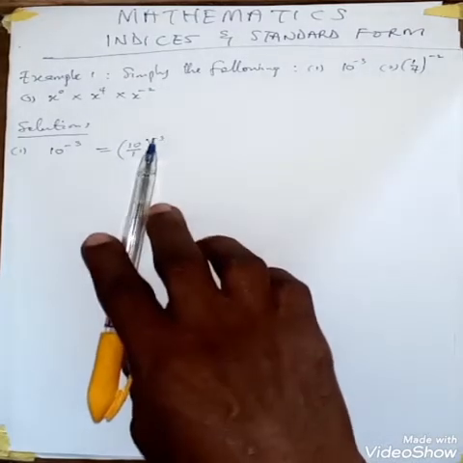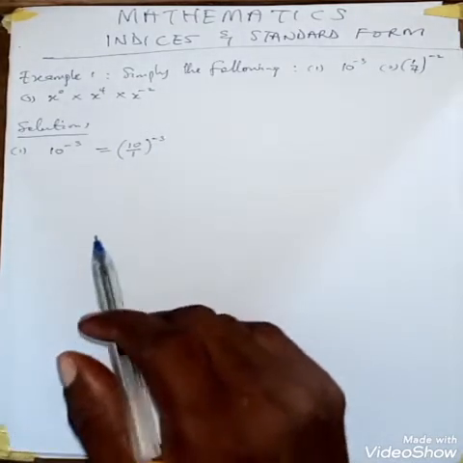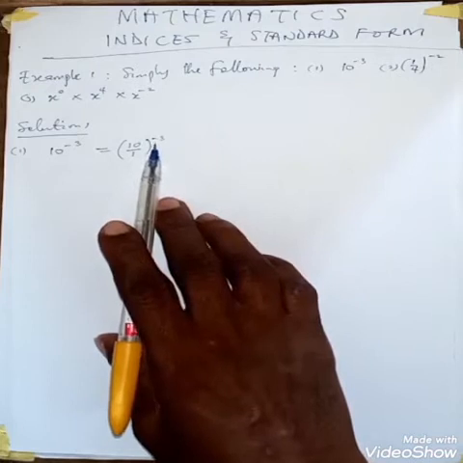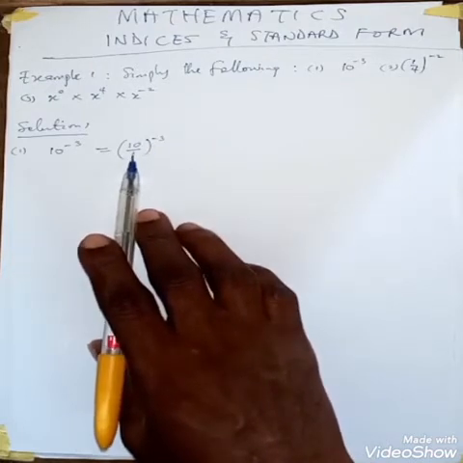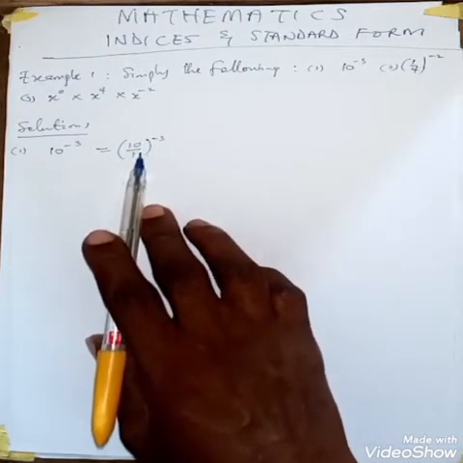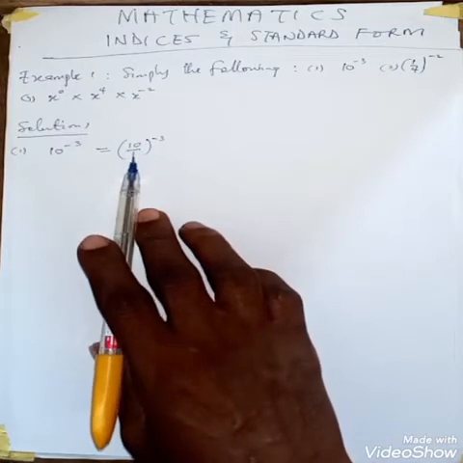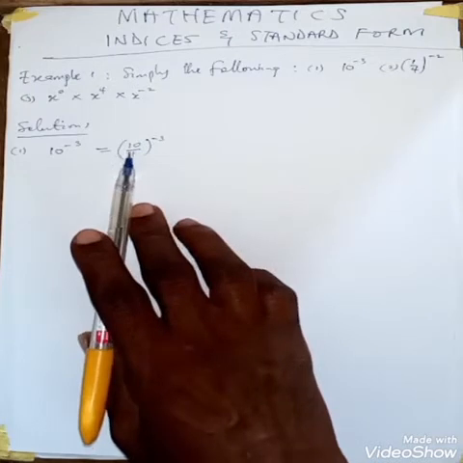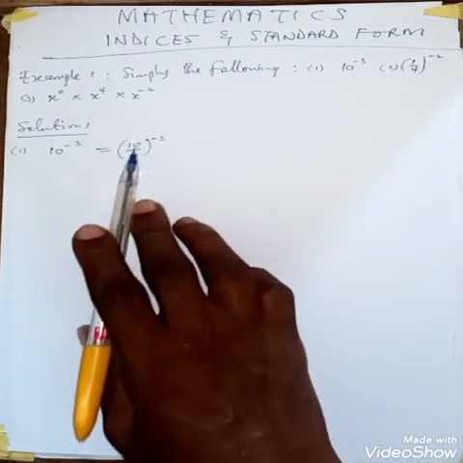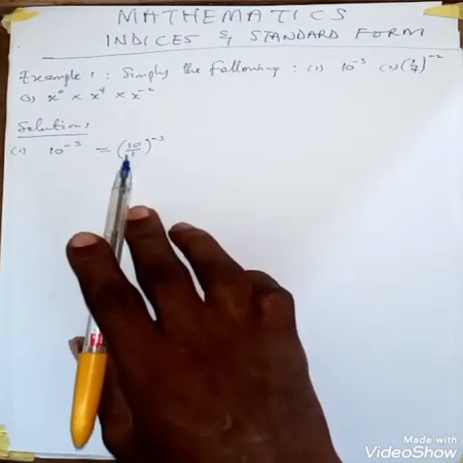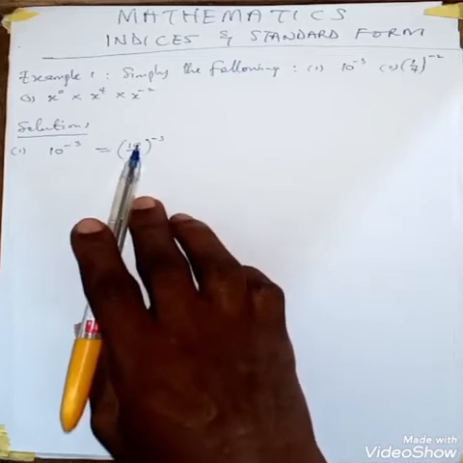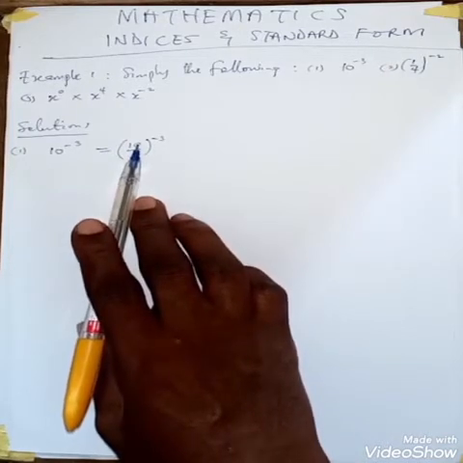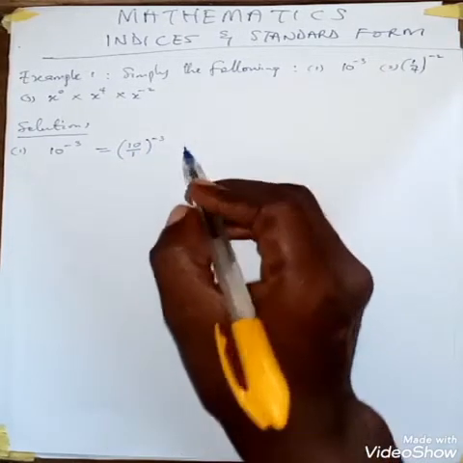Then the next thing is, how do we get rid of the negative sign? Getting rid of the negative sign here means we are going to interchange the position of the numerator as well as the denominator. That is, this one will go up, this will go down. That process of moving one here and the other here is what automatically removes the negative sign.